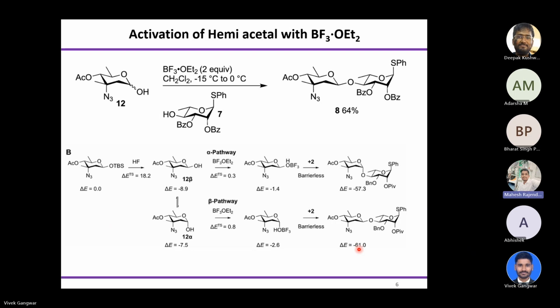What is the delta E meaning? An energy state of this compound. Generally, how are they calculating delta E? For that they are taking some reference, like they took some starting point.